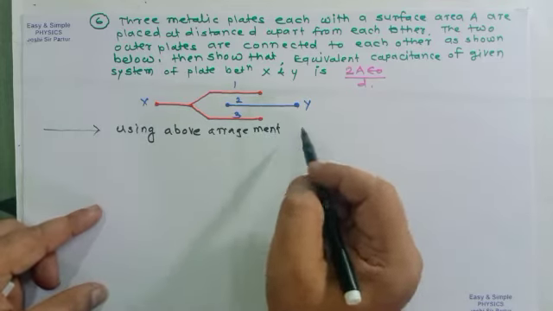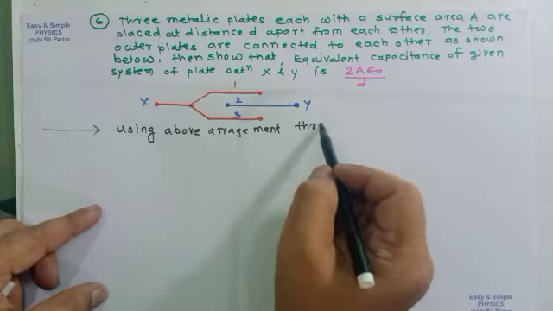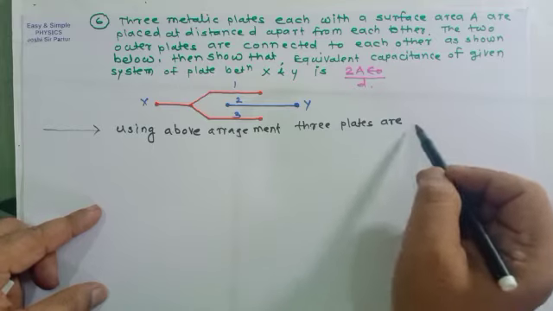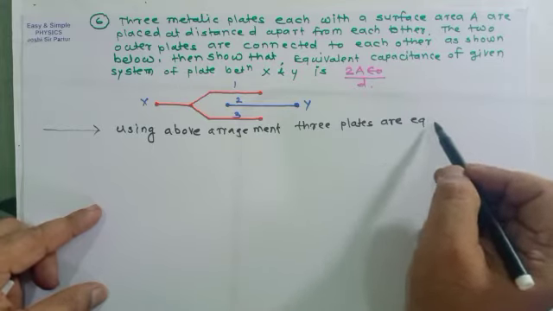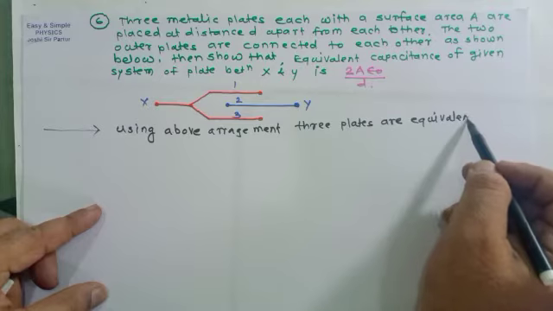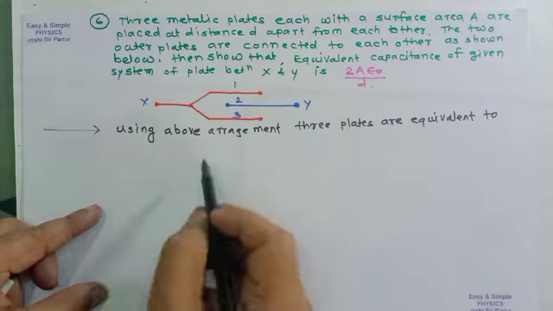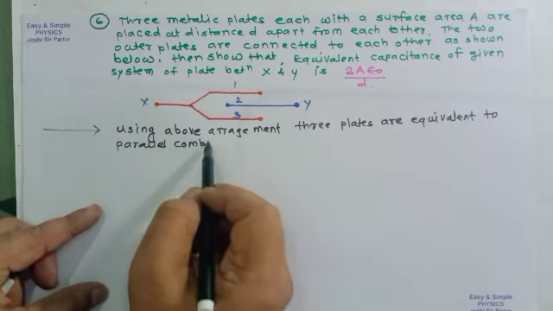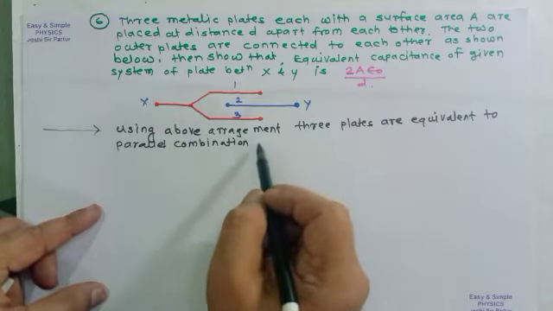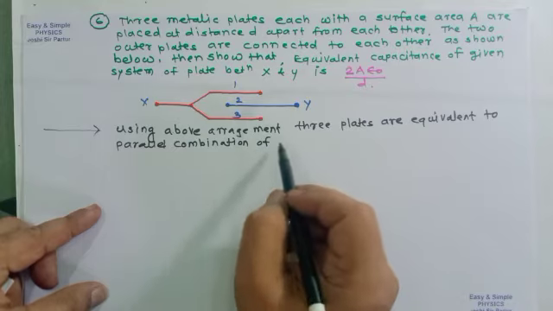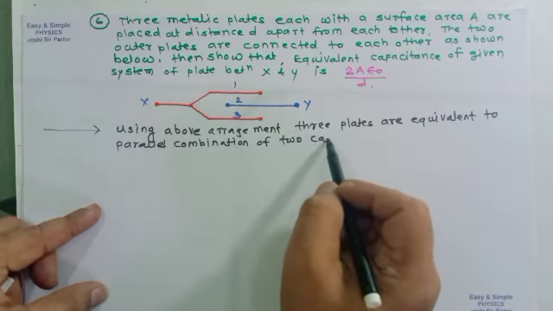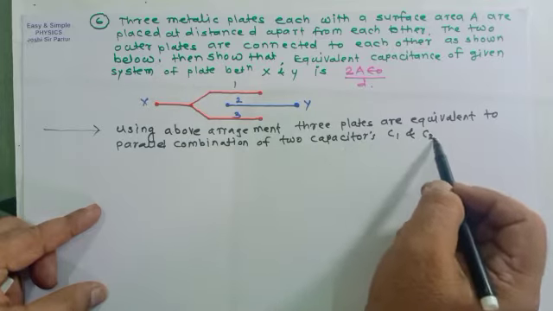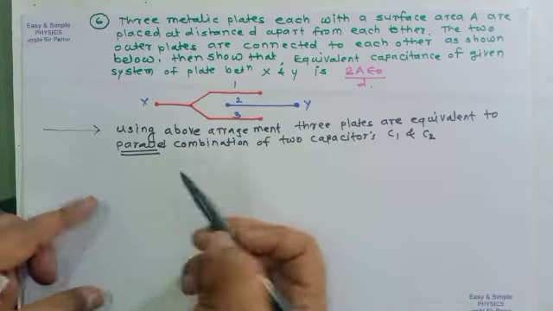The 3 plates are equivalent to a parallel combination of two capacitors, C1 and C2. See here, parallel combination.